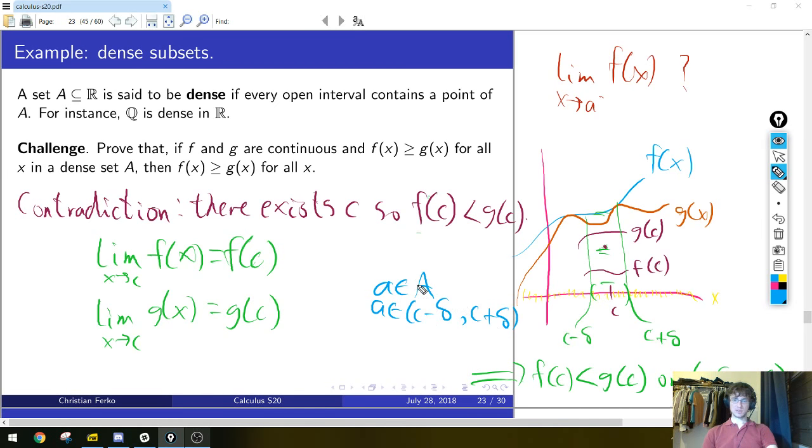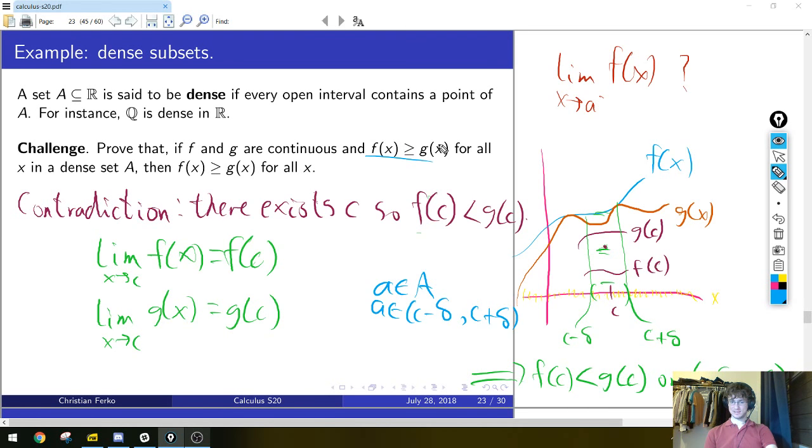If there's a single element in both sets, we know f is greater than or equal to g on the dense set, and we know f is less than g on the interval. So if there's one element in both, there's the contradiction, because it can't be both greater than or equal to and less than at the same point. Does that make sense? We just need one point and not all of them?